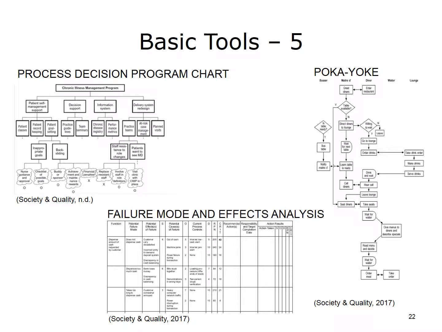Failure Mode and Effects Analysis. Failure Mode and Effects Analysis, FMEA, is a method for looking at potential problems and their causes, as well as predicting undesired results. FMEA was developed in the aerospace and defense industries and has been widely applied in many others.